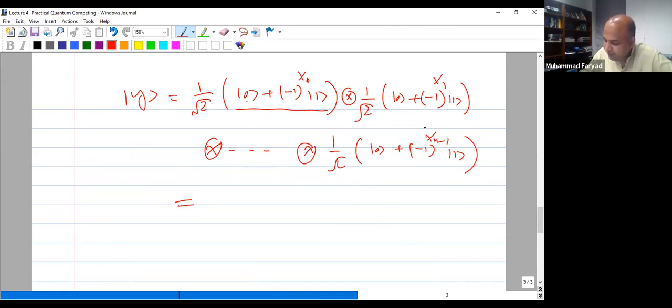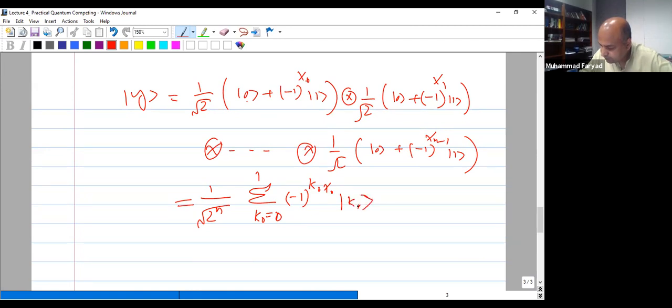So we have n bits, so I can combine these square roots separately. So this becomes 1 over square root of 2 power n. And now I can write this part in a more compressed notation. Let me introduce this variable k naught, which goes from 0 to 1, and I can write it like this: (-1)^(k naught x naught) |k naught⟩.